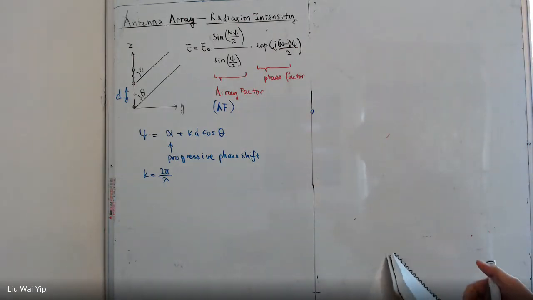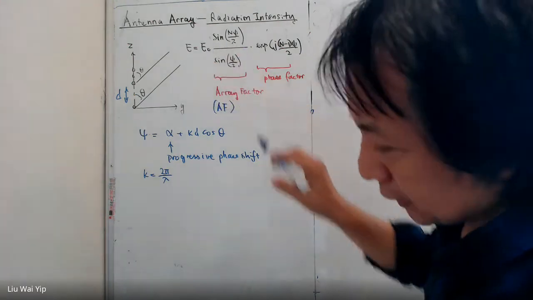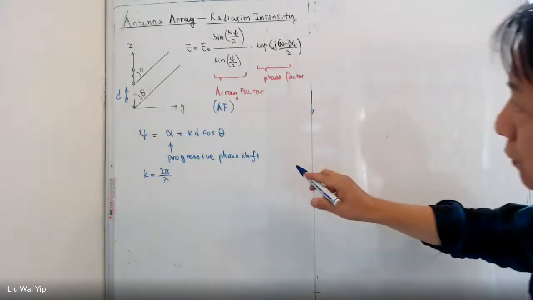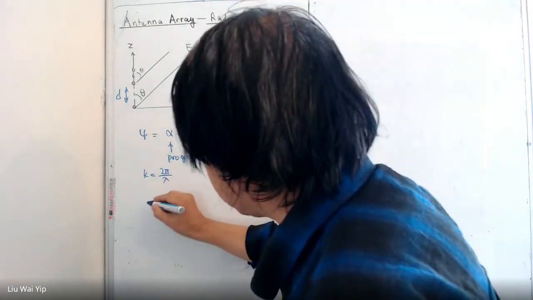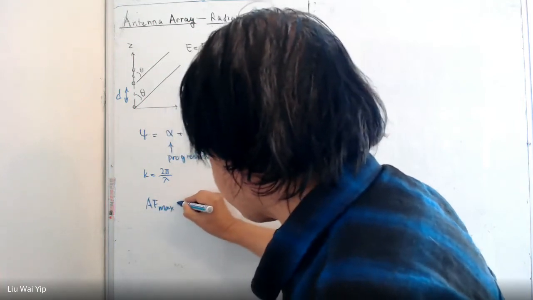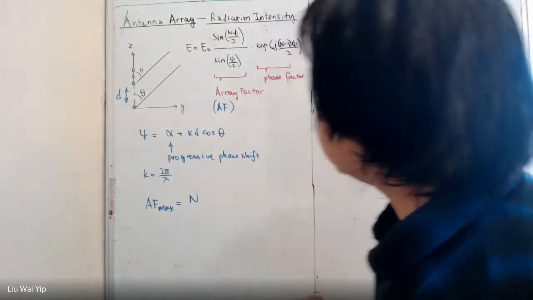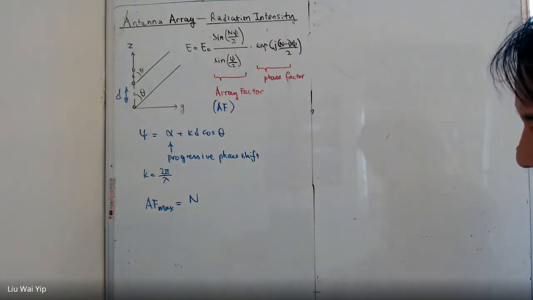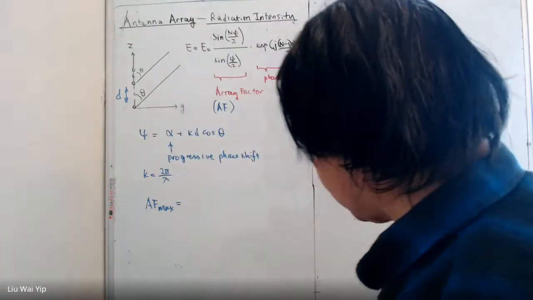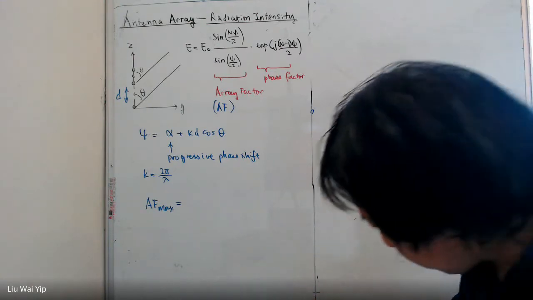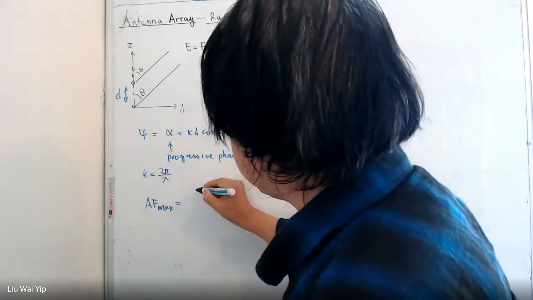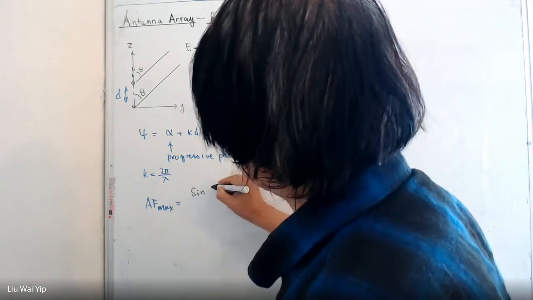Now we know that the electric field is given by this amount. And we know that the maximum value of this array factor is n. This is the amount when psi is 0. So I better write down everything.